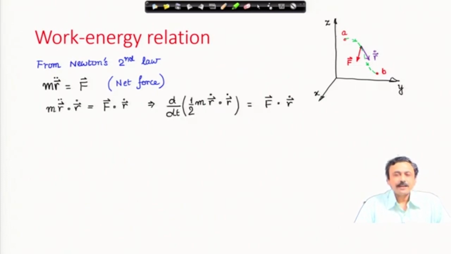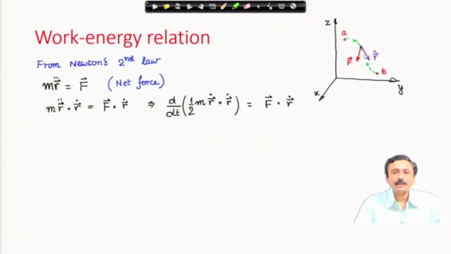The left hand side can be written in this form as a total time derivative of half m dr/dt dot dr/dt, and you can check this. If you take the derivative, it is a derivative of a product, then you will get m r double dot dot r dot.